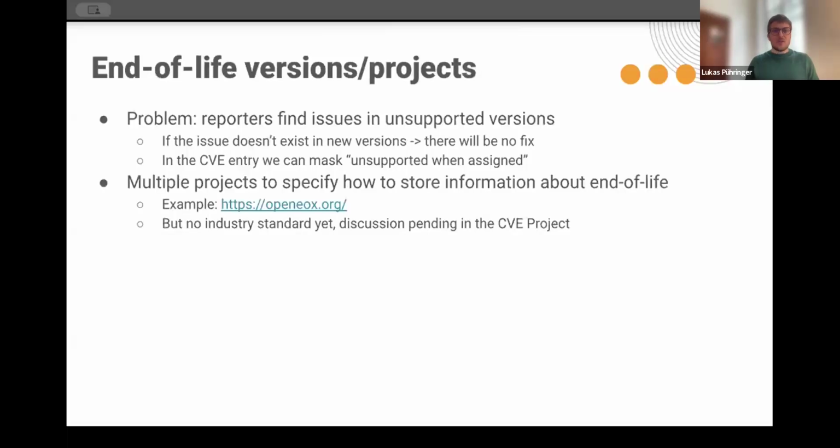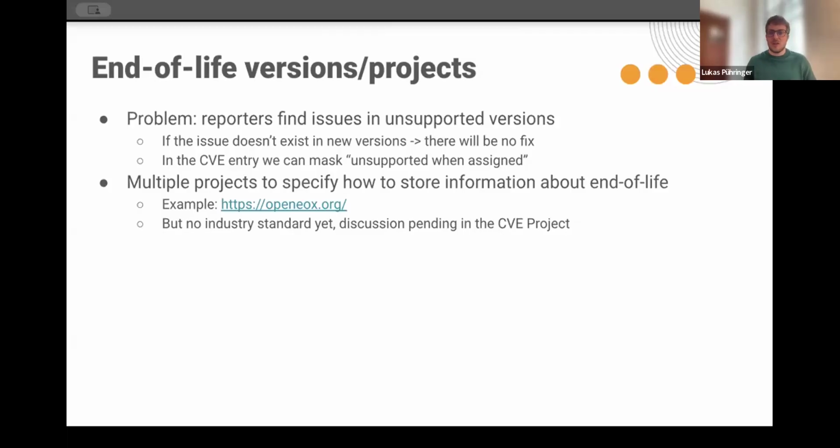One thing that's not fully solved yet, or is under discussion, not only in the Eclipse Foundation, but in the industry in general, are end of life or end of support versions or projects. The problem is what happens if a reporter finds an issue that's in an unsupported version. Well, first we need to check if that issue also exists in a still supported version or project. Then it needs to be fixed or addressed.